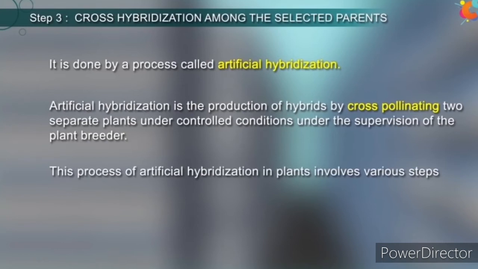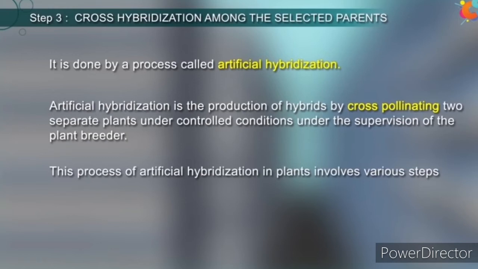Artificial hybridization is the production of hybrids by cross-pollinating two separate plants under controlled conditions and the supervision of the plant breeder.